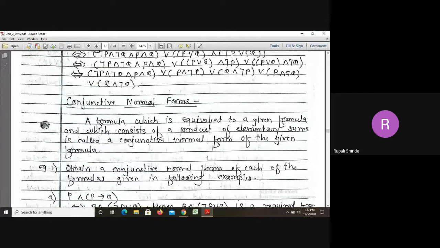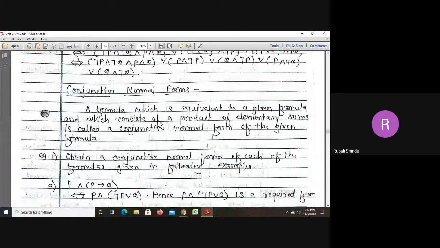So likewise, we have to see what is CNF. So CNF means what? Product of sum. DNF is sum of product. CNF is product of sum. A formula which is equivalent to the given formula and which consists of a product of elementary sums is called the conjunctive normal form of the given formula.